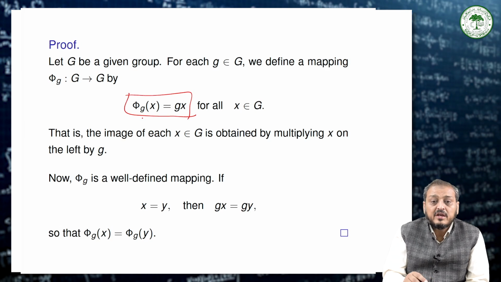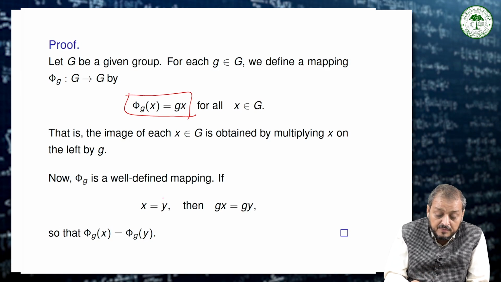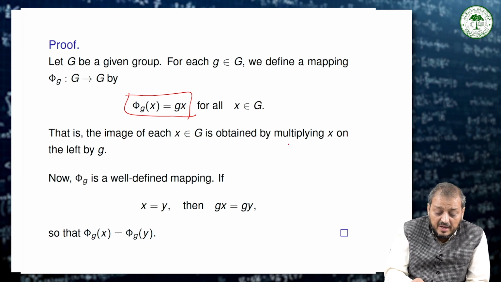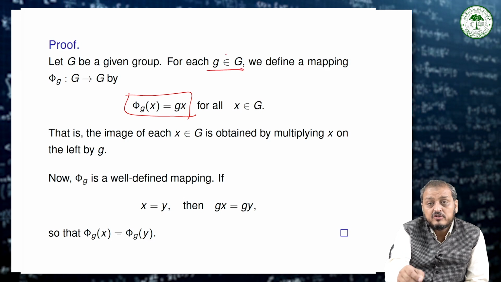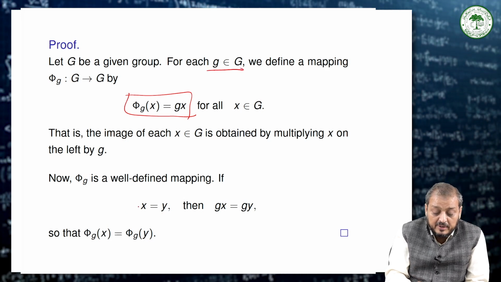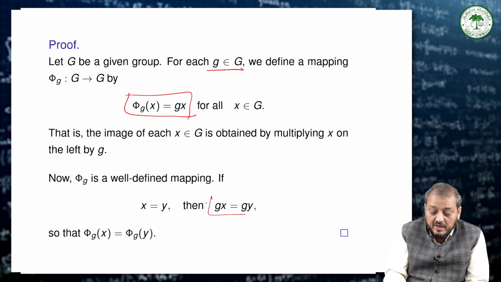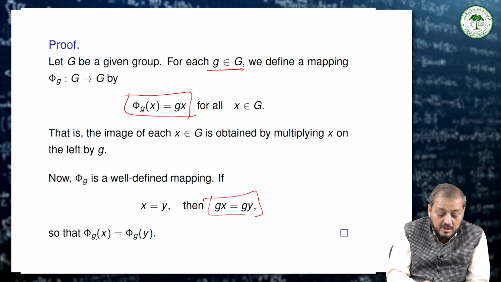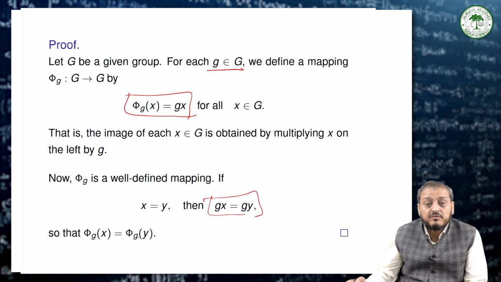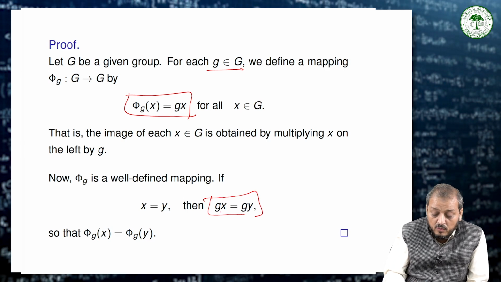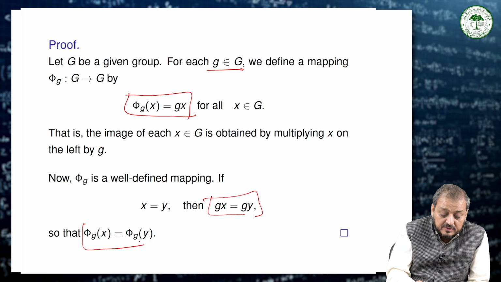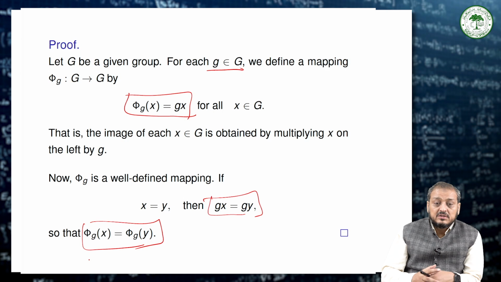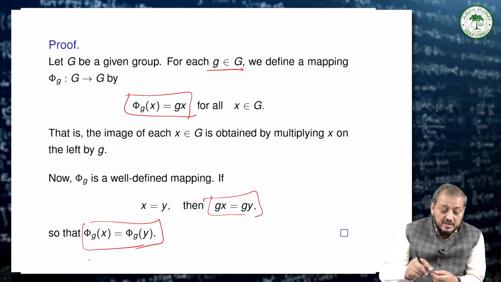Well defined means we take two elements with x equal to y, and since a is also an element of G, multiplying gives ax and ay. If x = y, then phi_a(x) = phi_a(y), since ax = ay are elements of G. So clearly phi_a(x) = ax is a well defined map.